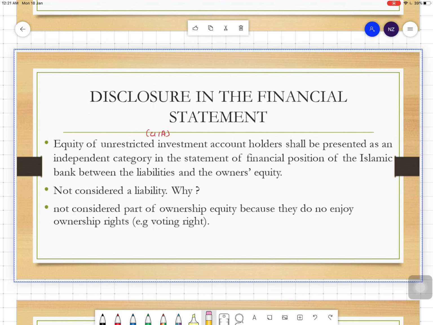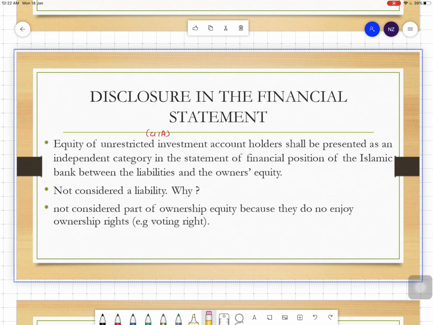So equity of UIA holders shall be presented as an independent category in the statement of financial position of the Islamic Bank between the liabilities and the owner's equity. So it is independent, not considered a liability, and not considered part of the ownership equity because they do not enjoy ownership right or voting right.